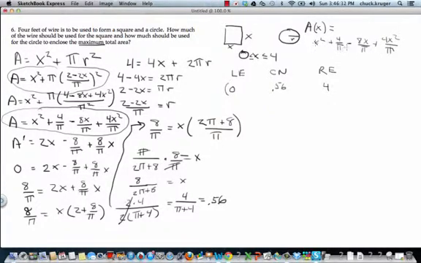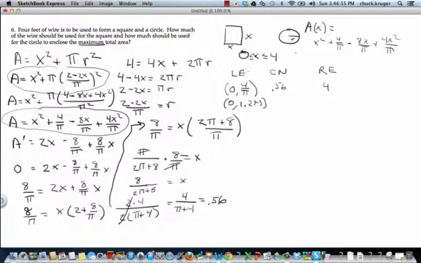If I put 0 in here, I get 4 over pi, and 4 over pi is the same as 1.273.